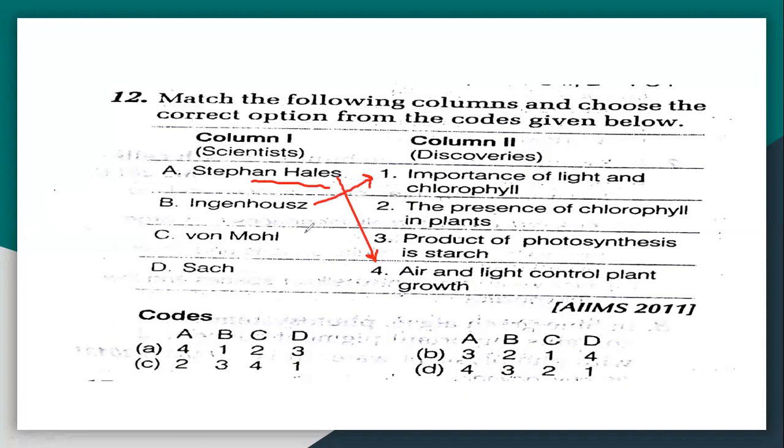C is von Mohl, the presence of chlorophyll in plants. And D, Sachs: the product of photosynthesis is starch, which was discovered by Sachs. So the answer will be option A. It's the correct answer. Now next question.